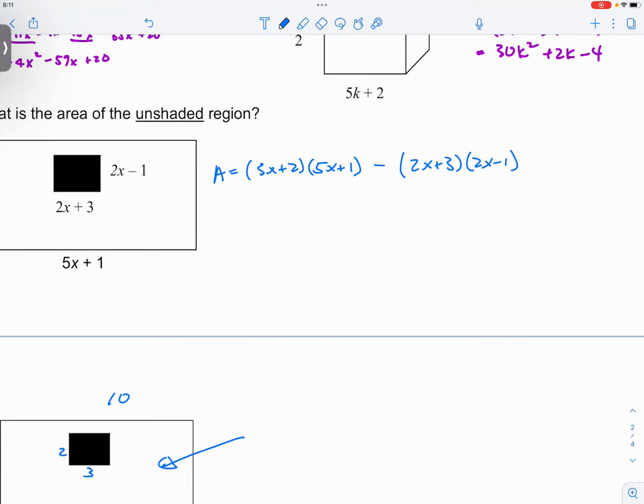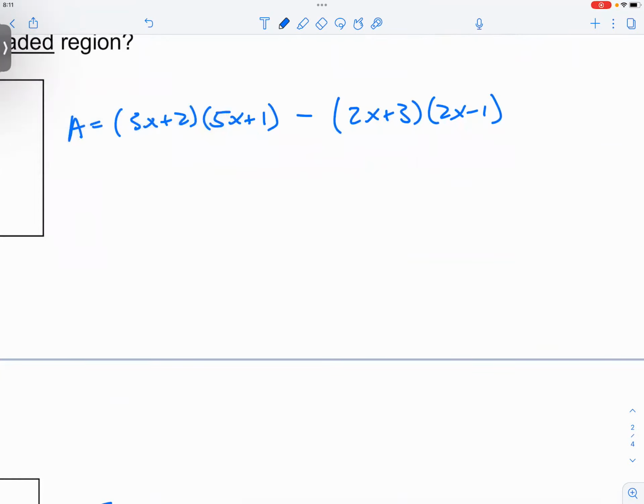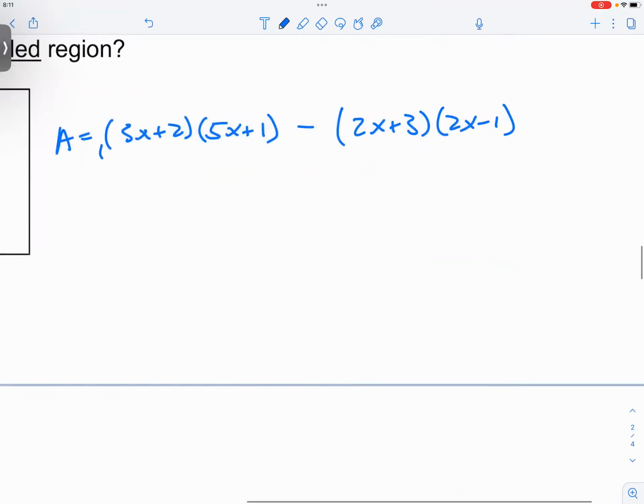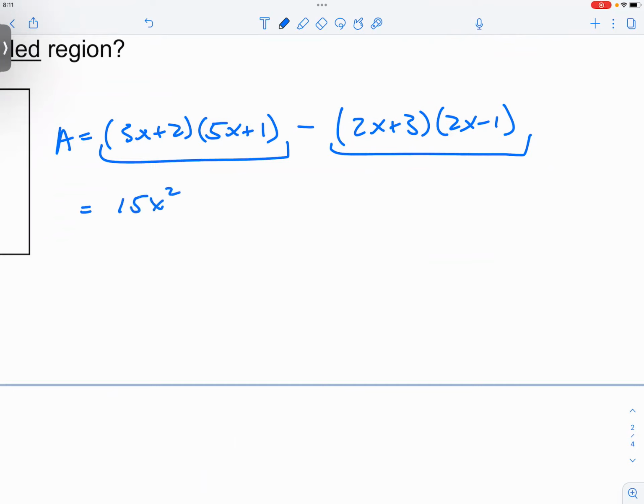Let me erase some of this, I need a little more space. And now you just have to do your PEMDAS, the order of operations. You have multiplication right here, multiplication right here, so you take care of them first. On the left, it will be 15x squared plus 13x plus 2.